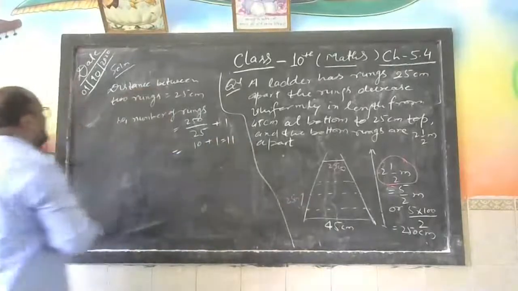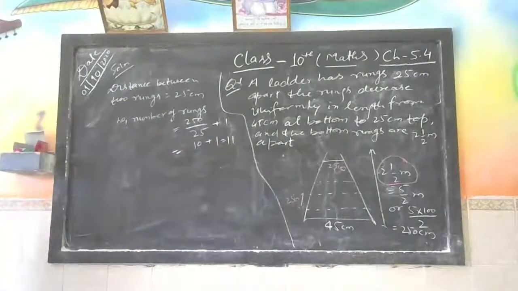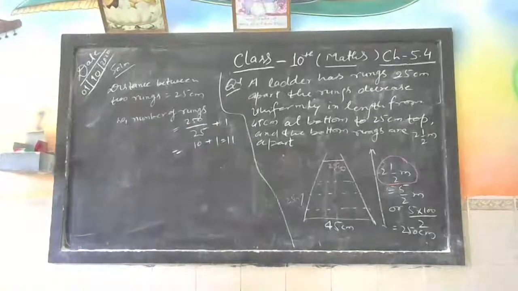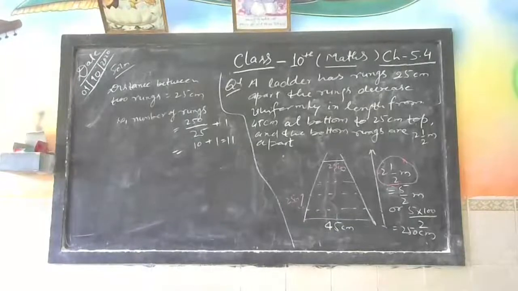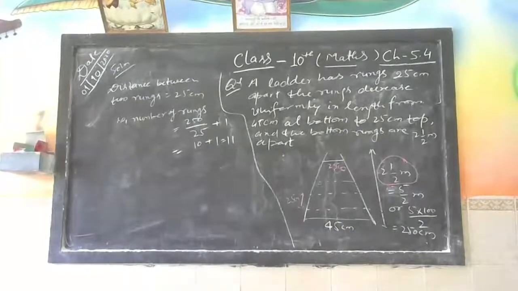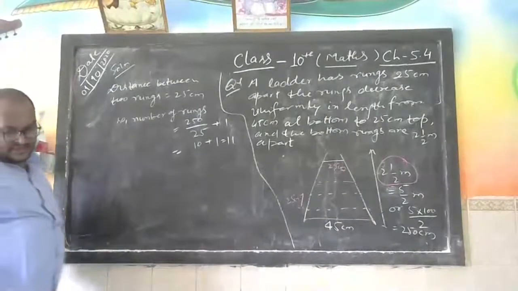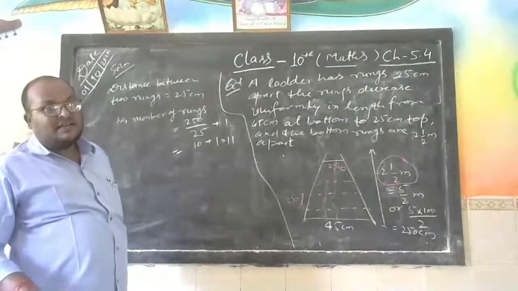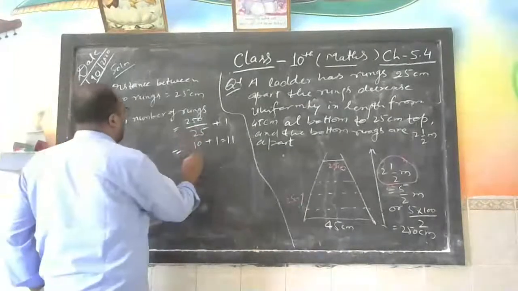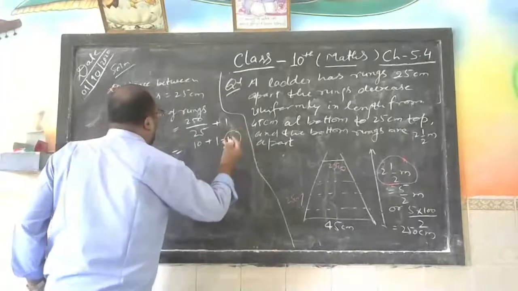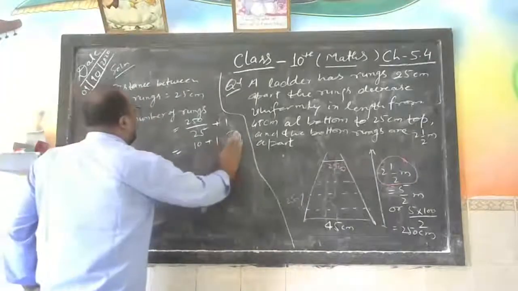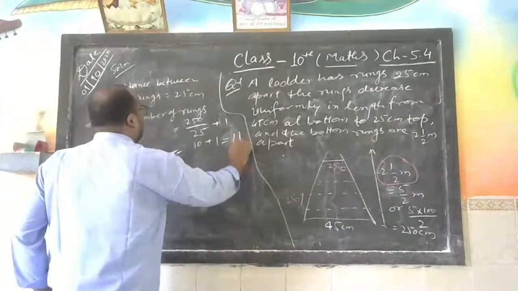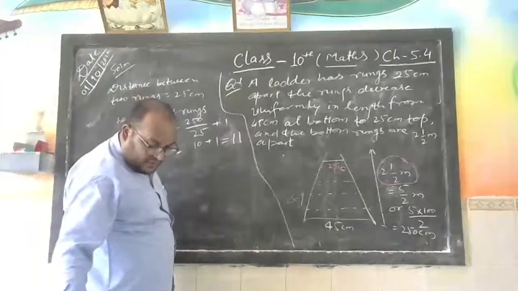So the number of rungs required. What will be the number of rungs? It is given in the hint in the question. The number of rungs is 250 upon 25 plus 1. So the total number of rungs is 11. It is your number of rungs.